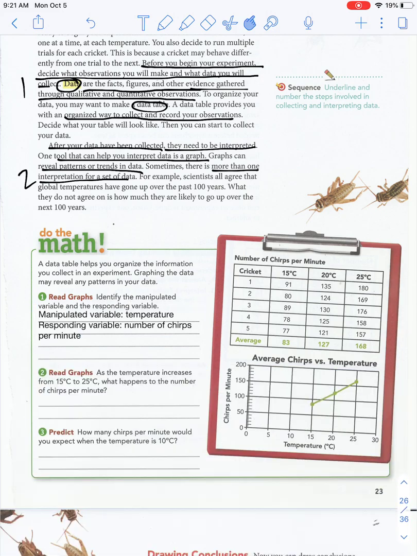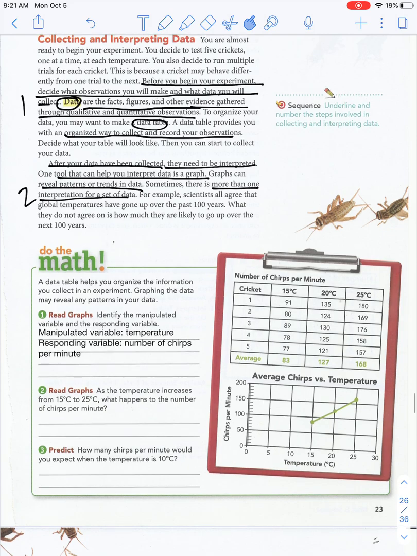All right, read graphs. As the temperature increases from 15 to 25 degrees Celsius, what happens to the number of chirps per minute?